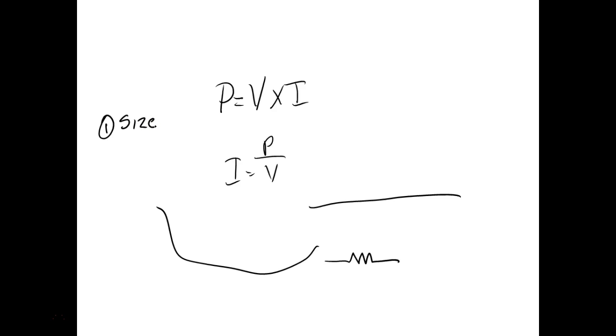We're talking about resistance of a wire. Oh, the length. Yeah, that's one. Material. Yeah, let's go. And then number 4 would be the temperature.